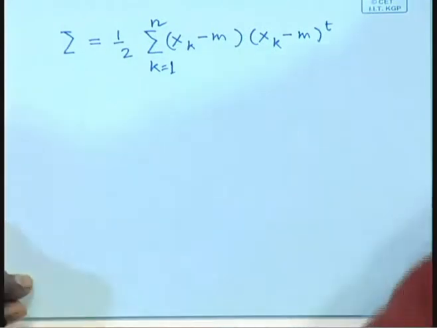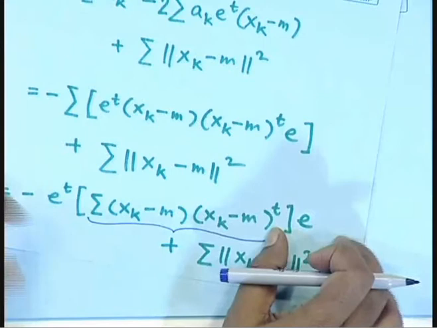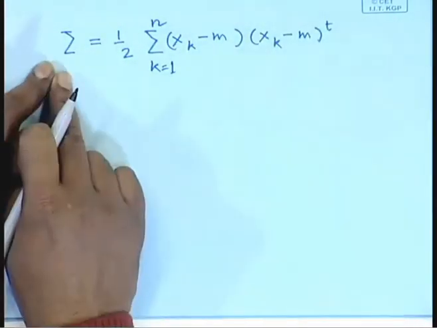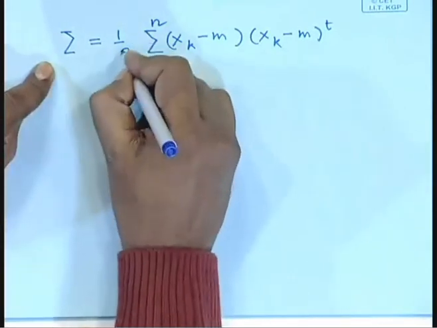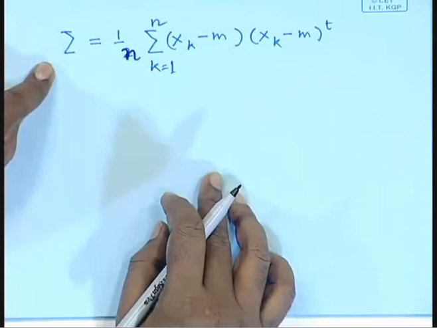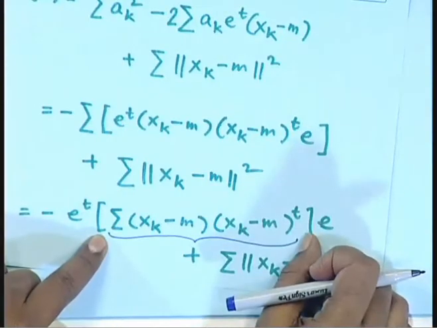Okay. And here you find that this term is nothing but a scaled version of this term. So, if I multiply the covariance matrix, this is 1 upon n, by n, which is the number of samples over which I am trying to compute the covariance matrix, I get this term. Okay. And this is what is called the scatter matrix.